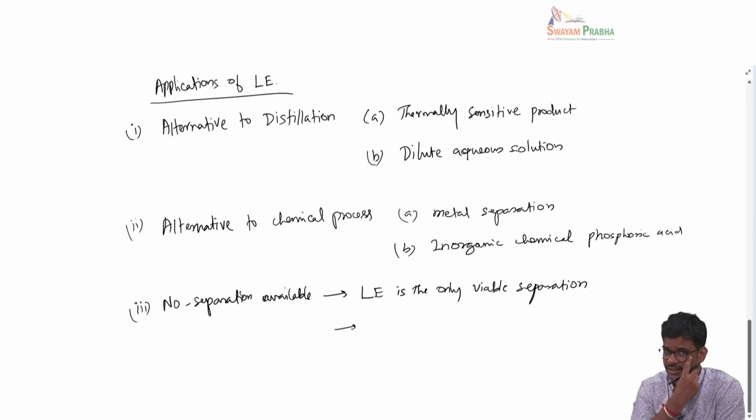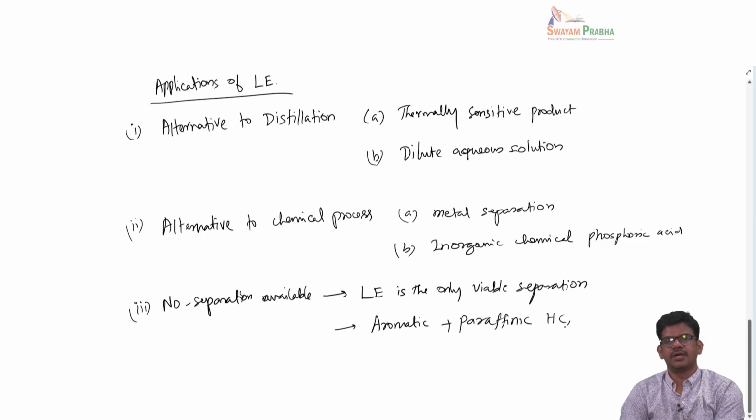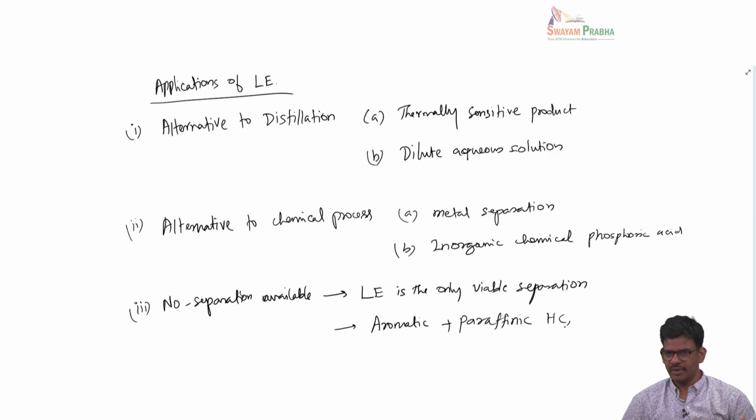For example, I think in the case of aromatic and paraffinic hydrocarbons, the vapor pressures of these aromatic and paraffinic hydrocarbons are very similar, so distillation is not really a possible operation. So we could use a solvent extraction or liquid extraction by choosing a solvent that will selectively solubilize either aromatic or paraffinic. Okay, so that's one possibility.